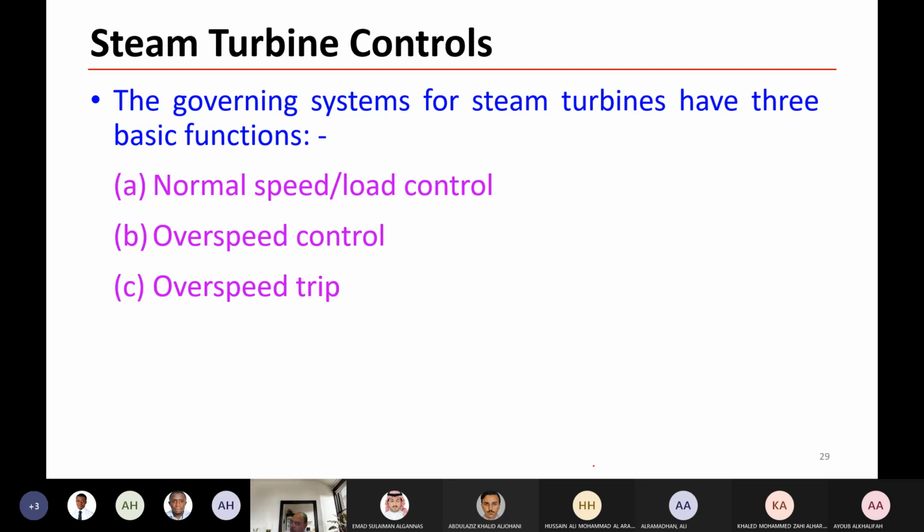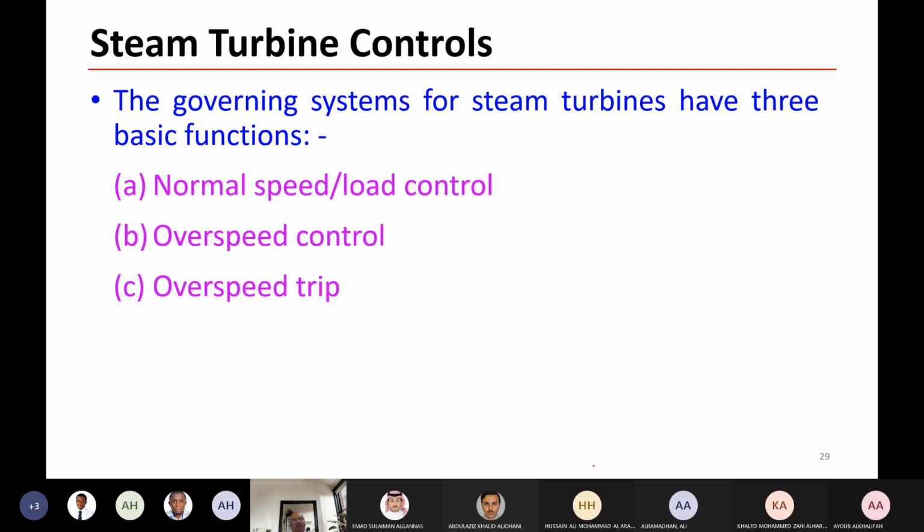Hussein? Well, the time is over. My question is related to the cross compound turbine. Is it related to the combined cycle turbine? Combined cycle could be the same function, or the same approach.